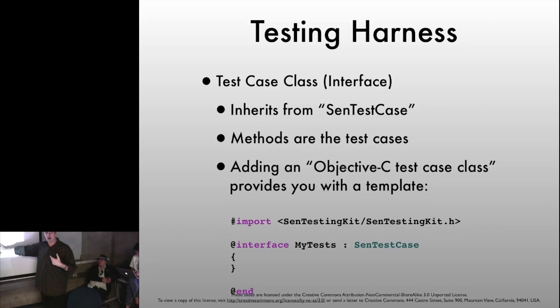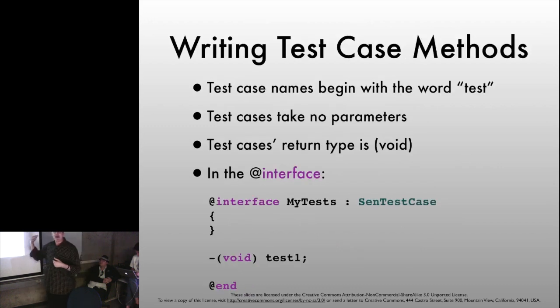This is the boilerplate code that you get. It imports the SenTestingKit and creates an interface with the name of your tests, and the parent is SenTestCase. All of the methods for the actual tests begin with the word test. They take no parameters. They don't return anything, so their return type is void. And in the interface, this is what it looks like.